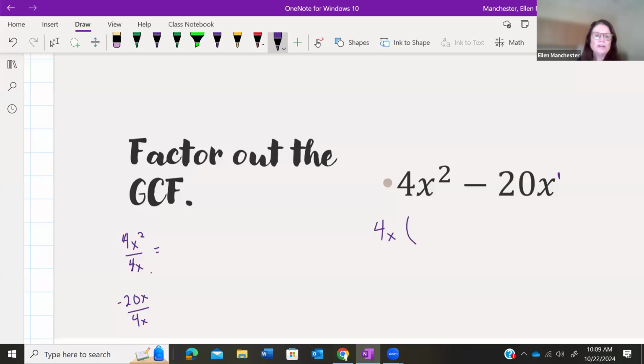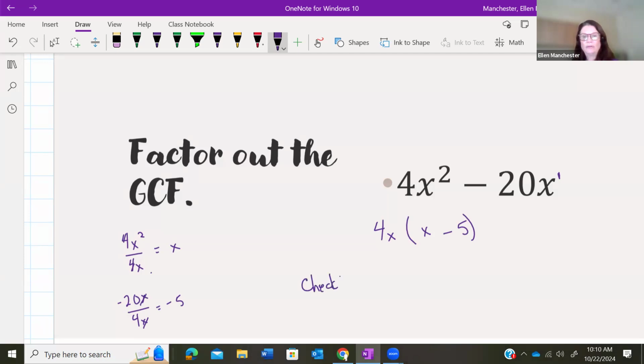The other way you can look at this is I have 2 x's here. I'm taking 1 away. I have x left. All right. And then the same thing for the negative 20. So negative 20 divided by 4 is negative 5. And x divided by x goes away. So it's minus 5. Now, how do you check it?